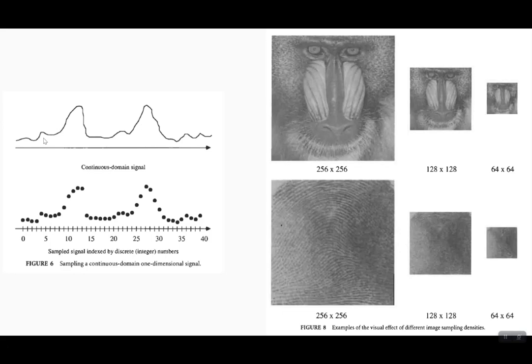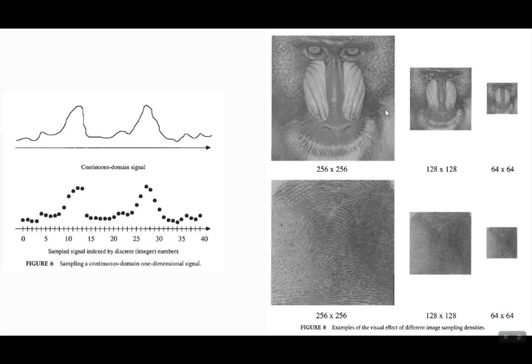A continuous signal is basically an analog signal, and sampling this analog signal is part of the process. Sampling means using an analog to digital converter or some digitization device, and this graph is showing that we have sampled this analog signal, and this is a visual representation of sampling.